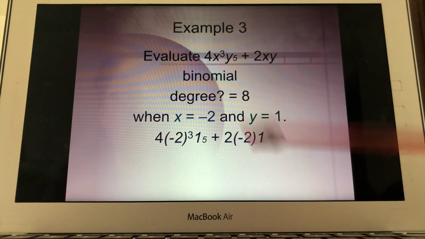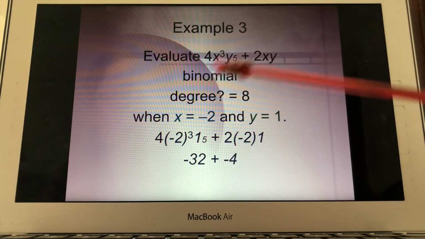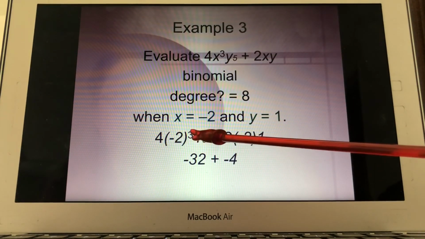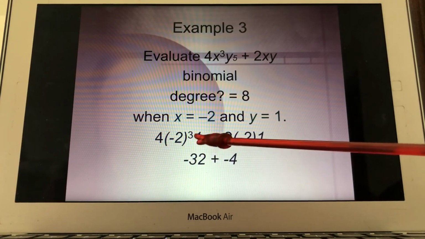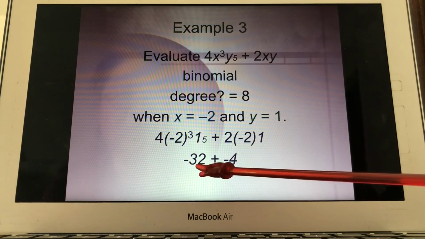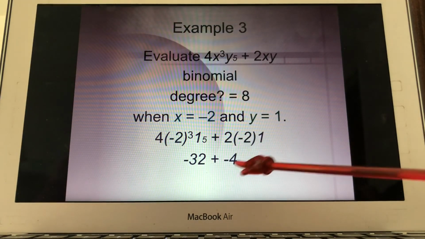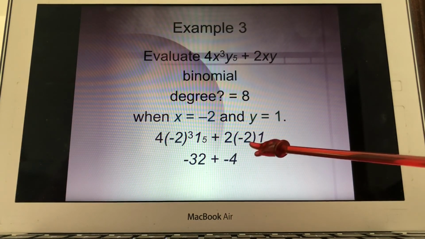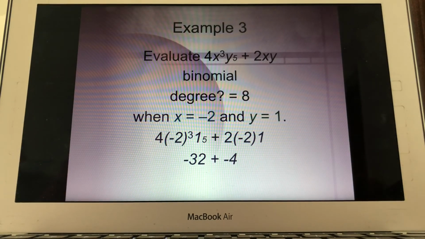And then you would simplify all that. So negative 2 cubed is negative 8, right? And 1 to the 5th power is still 1. Negative 8 times 4 gives us negative 32. 2 times negative 2 on this side here, times 1 is negative 4, right? So negative 32 times negative 4 gives us negative 36.